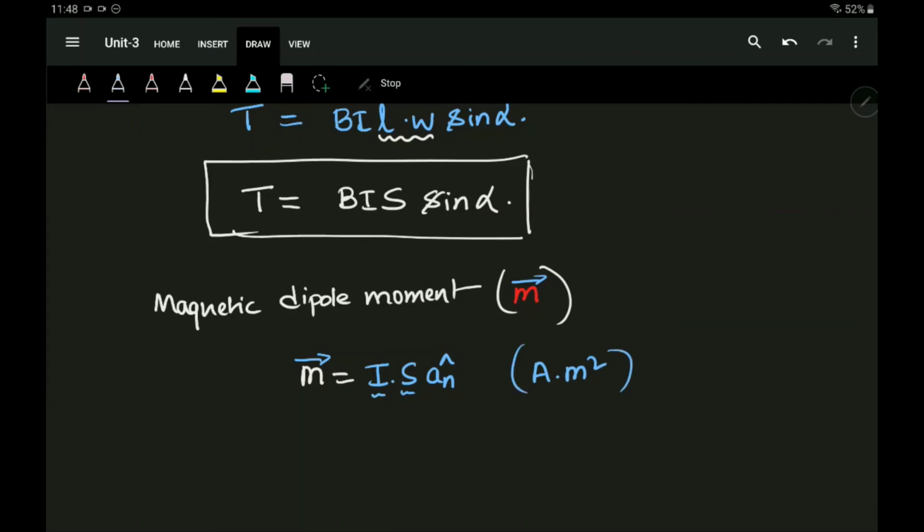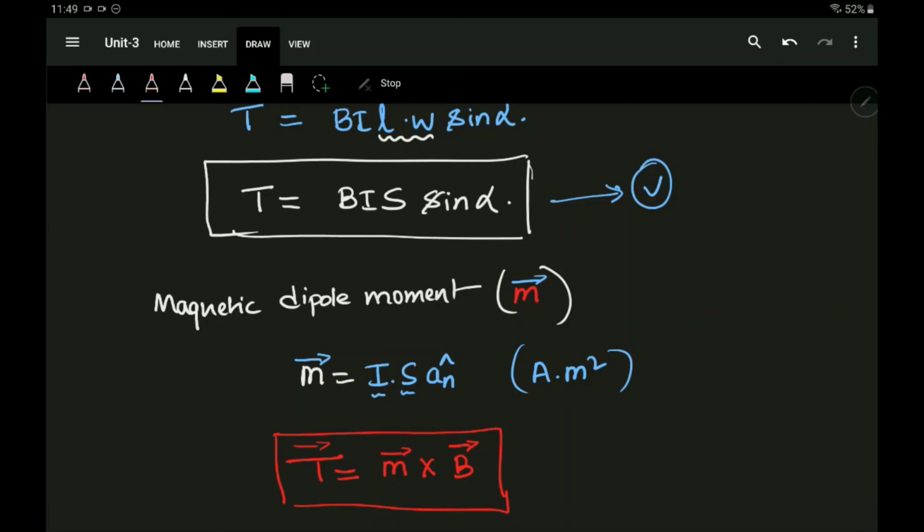If I substitute this into the above equation, I can write the expression for torque as: IS can be written as m, and B sine alpha can be written as the vector product. This is the derivation for the torque.